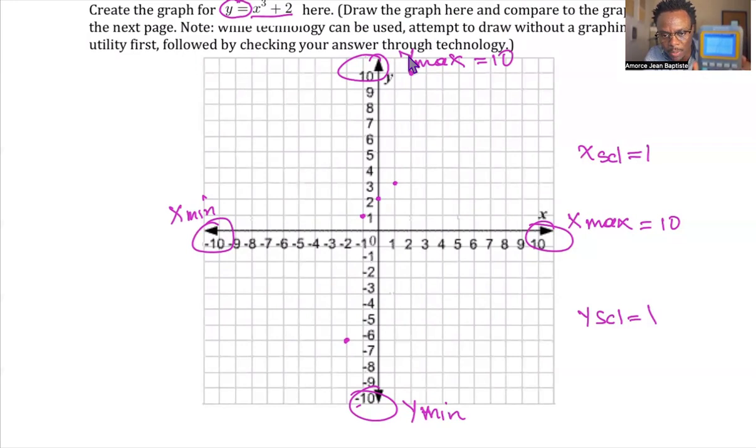So I can copy my graph from what it looks here, so we can have the same look that the graph actually has. And that's why here it says check your answer using a graphing calculator or a technology.